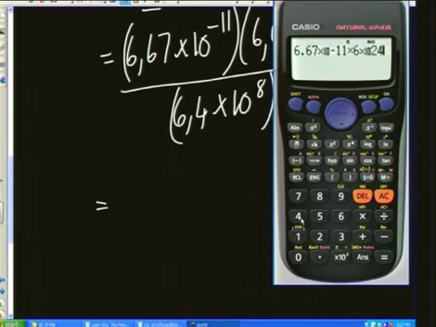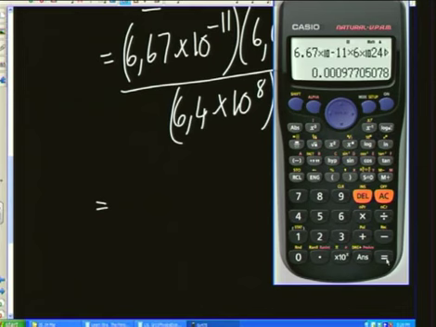And that will give me my numerator, divided by, now I'm going to be careful because I know that I've made the mistake before, 6,4 exponent 8, and I've put it in a bracket because I want to square that whole thing. I'm going to make sure that that's the denominator, and I'm not forgetting that that's squared.